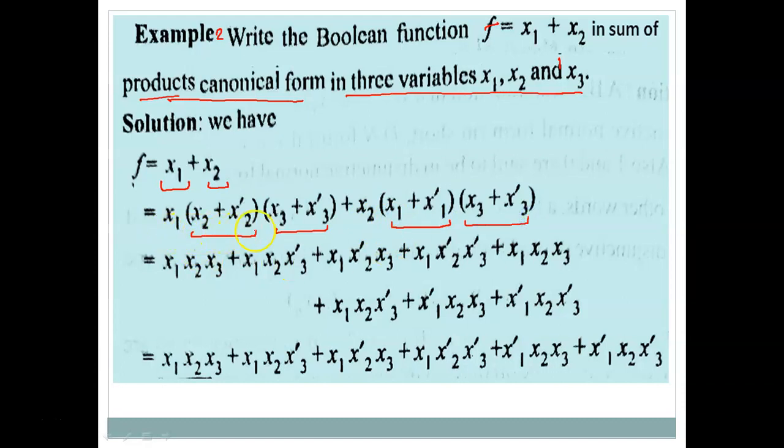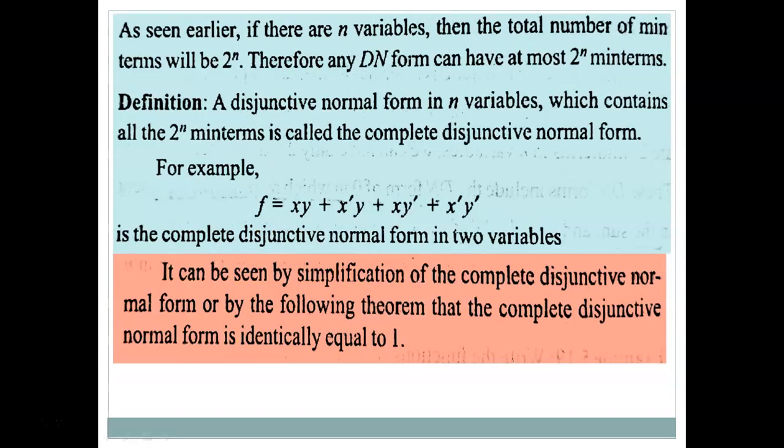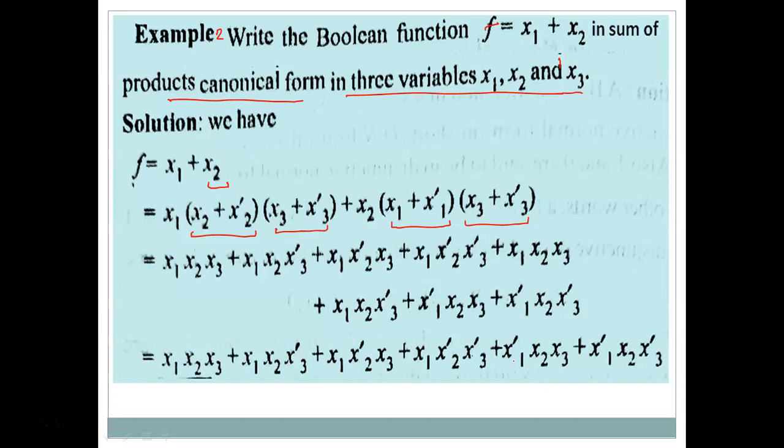So simplifying these terms exactly in the same manner, first you take x1 dot inside, x1 dot x2 and here plus x1 dot x2 complement. Similarly further we multiply in the same manner as done in the earlier example, and you get this kind of situation, and finally you will be having it as a sum of minterms, so it is in disjunctive normal form.